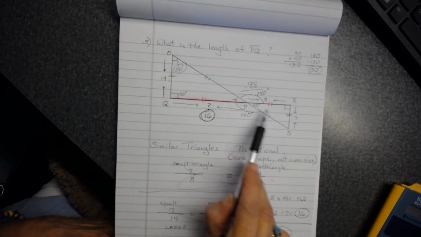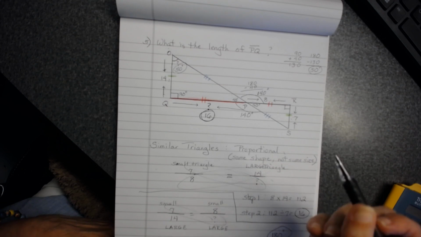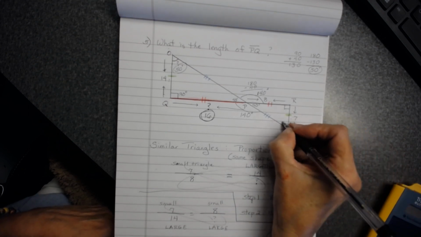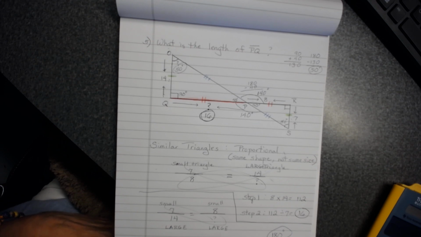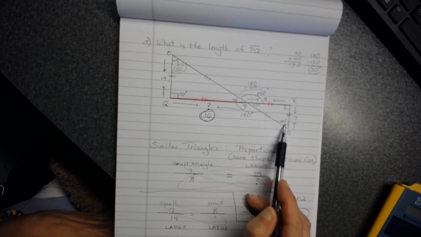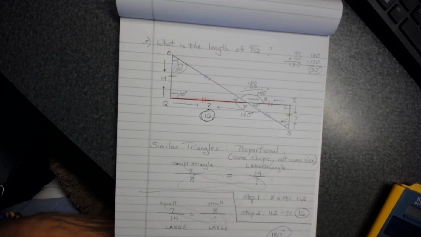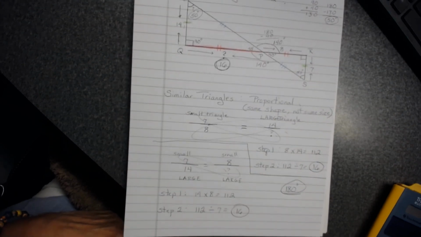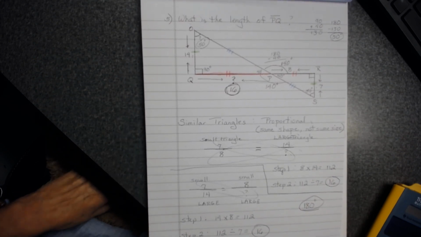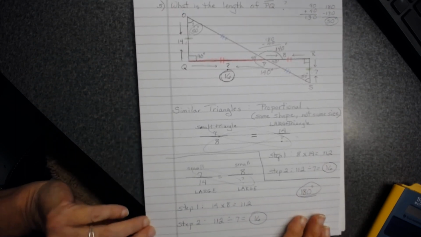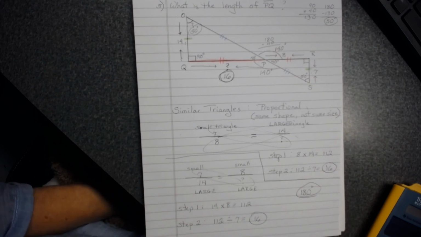If this is proportional to this, the angle right here will also measure 50 degrees, because all three angles within a triangle add up to the magic number 180. Okay. Watch this video as many times as you need to, and I will see you on the next question.